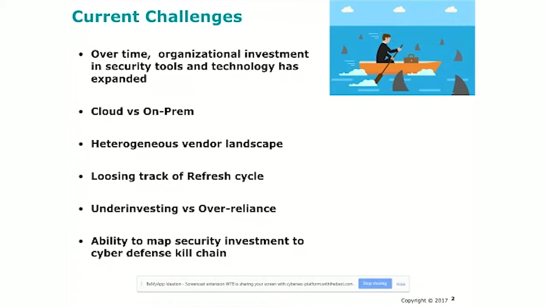But what happens about the kill chain, from the time an attacker does their initial footprinting and reconnaissance, to exploitation, all the way to a breach? How do I map my investment to the cyber defense kill chain? That for me is a key ingredient to drive resilience, in terms of being able to manage risks and threats at the various points of a cyber kill chain.